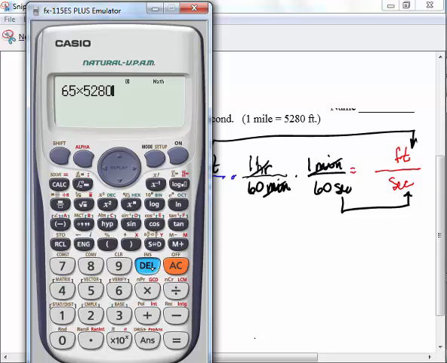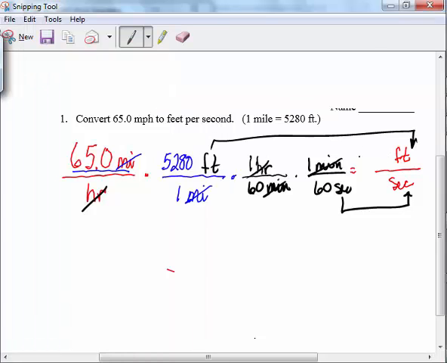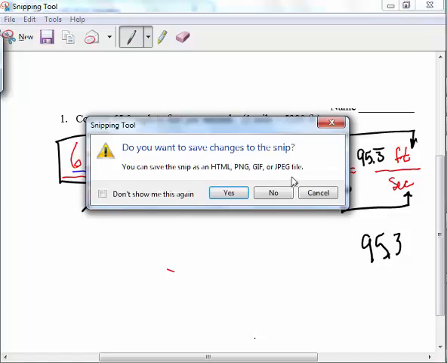Instead though, let's divide by 60, and then let's divide by 60 again because that's also 60 seconds on the bottom, and we get 286 over 3, which as a decimal is 95.3, and the 3 repeats. Well, since we started with 3 sig figs, we want to end with 3 sig figs, and so our answer is 95.3. Next one.